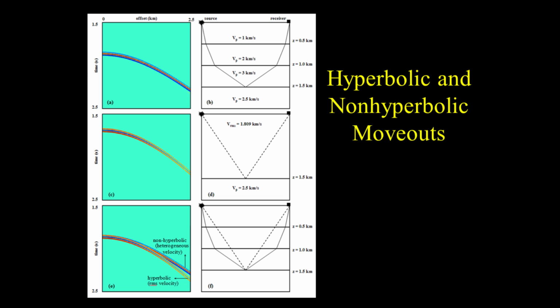The travel time differences are clearly noticeable at large offsets in this figure between the travel times predicted with a 1D heterogeneous background velocity and those predicted with a constant RMS velocity. These are the differences between the hyperbolic and non-hyperbolic moveouts.